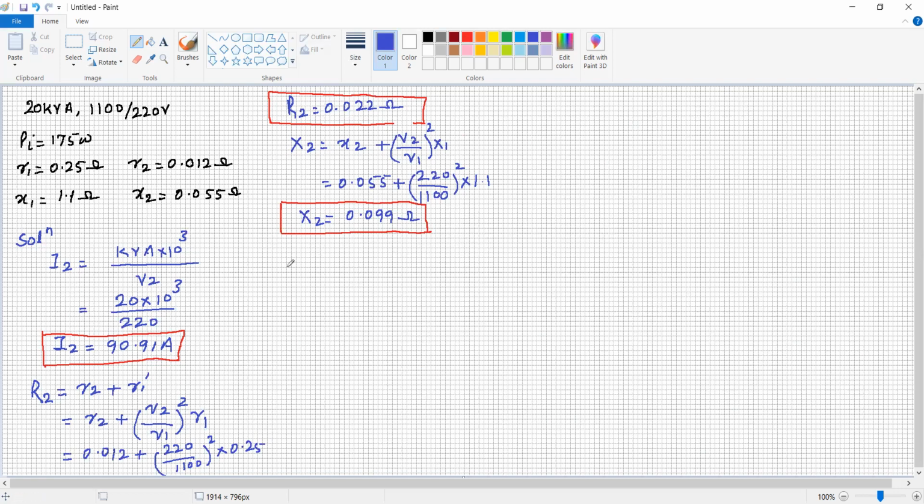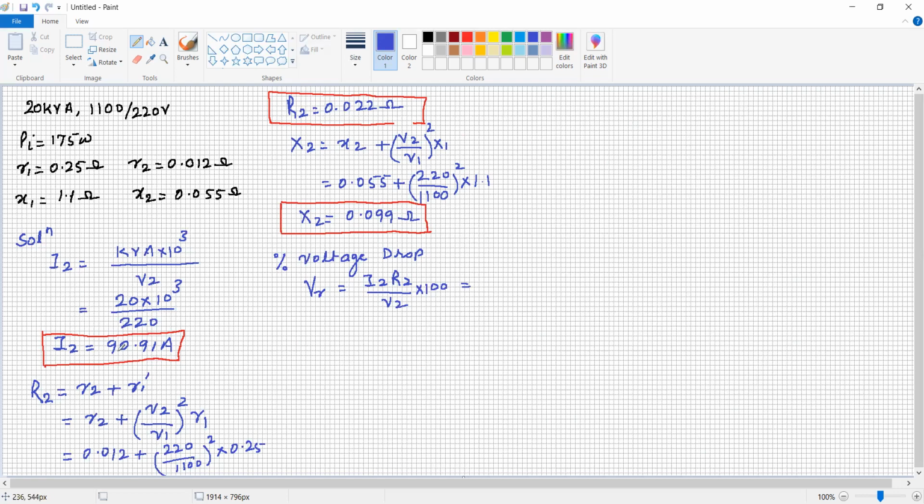found. Now percentage voltage drop. Percentage voltage drop, so we can write VR is equal to I2 R2 divided by V2 into 100. The voltage drop due to resistance.